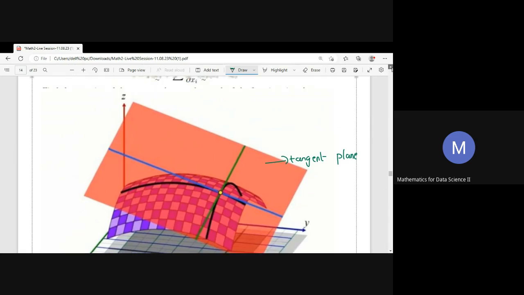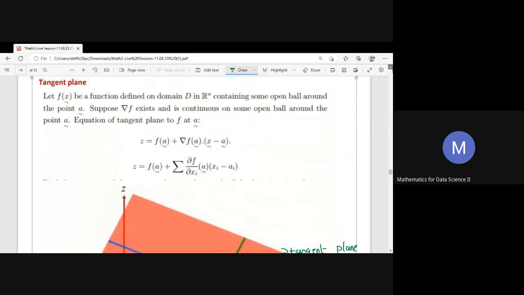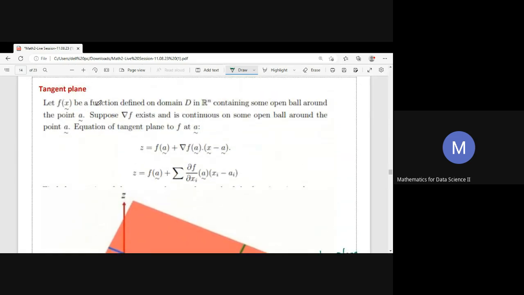Fine. Let f of x be a function defined on a domain D in R^n containing some open ball around the point. Suppose del f exists and is continuous on some open ball around the point a tilde, then the equation of the tangent plane to f at a tilde is given by this.